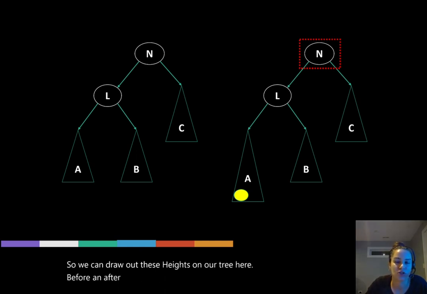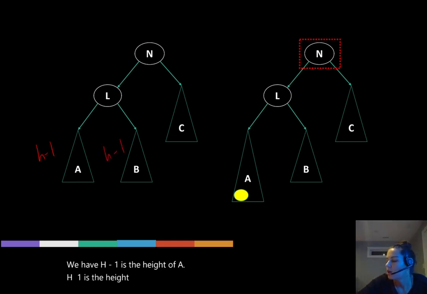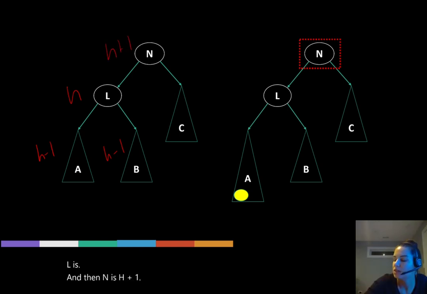So we're going to do this just generally. So we have h minus 1 is the height of A. h minus 1 is the height of B. L is h. And then N is h plus 1. C is h minus 1.